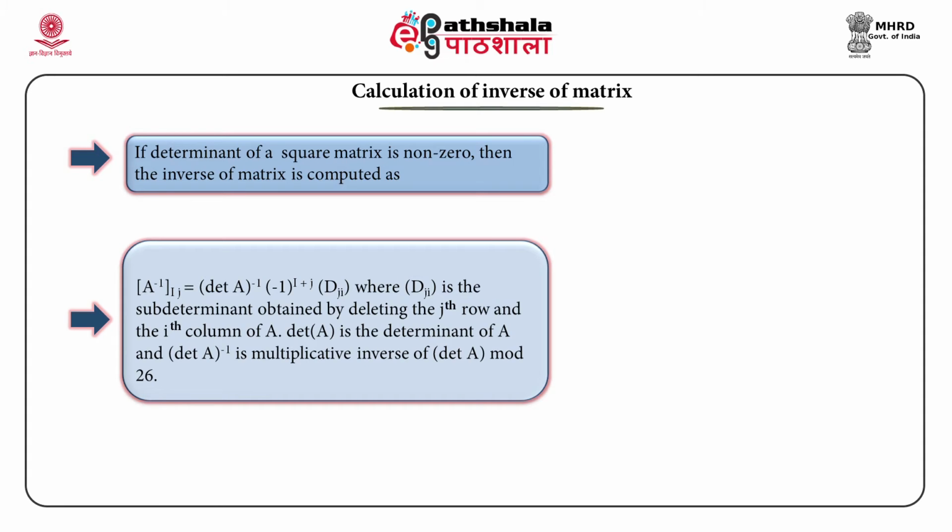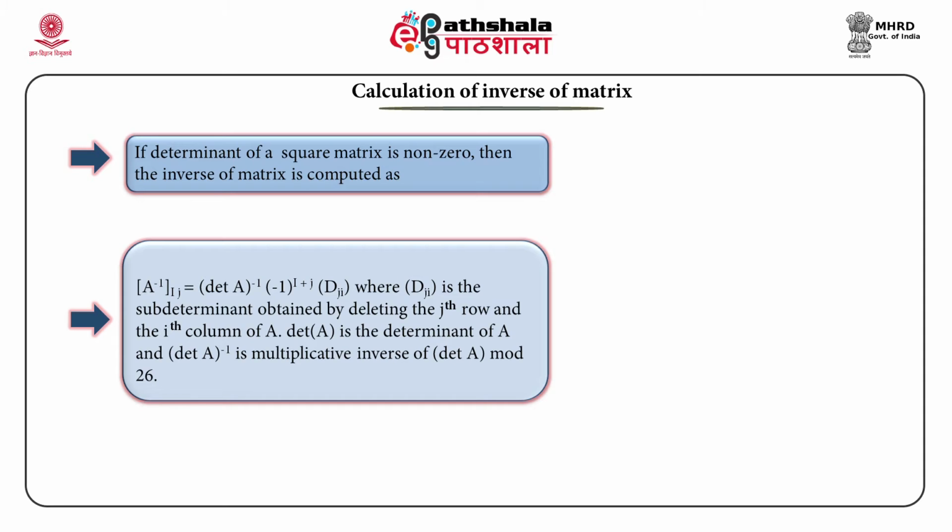To compute inverse, the equation says find out determinant of A, take its inverse, then minus 1 raised to I plus j. Exponent is I plus j. Once again clear, I is number of rows, j number of columns. Then we need to check d of ji.